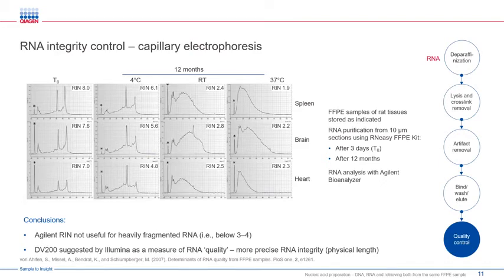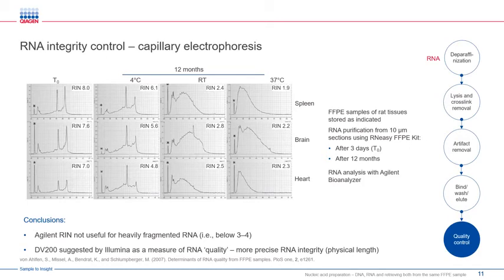RNA was isolated from rat tissue sections either shortly after fixation and embedding, this is the T0 on the left, and also after 12 months of storage at either 4 degrees, room temperature, or 37 degrees.